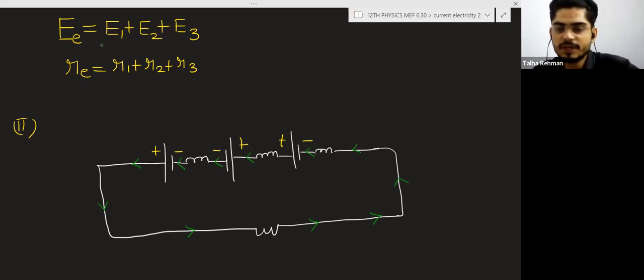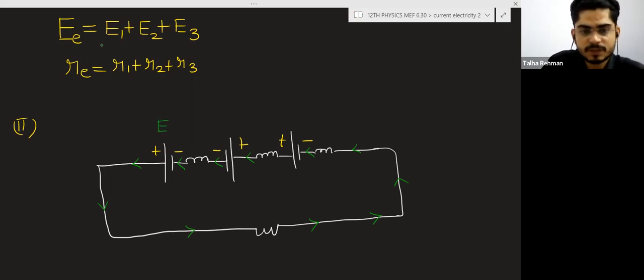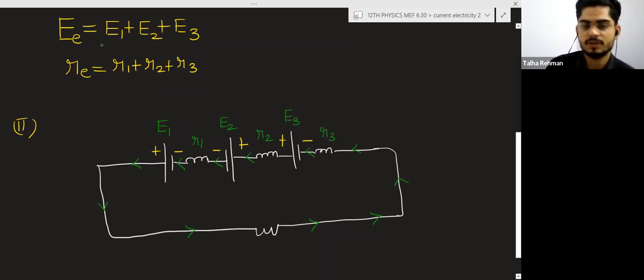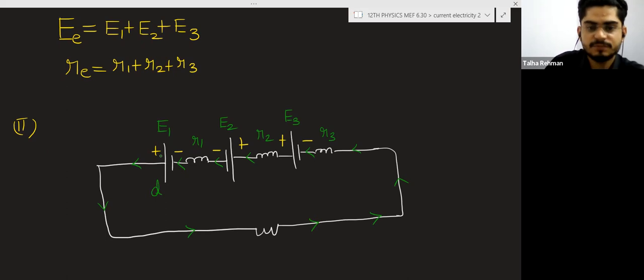Suppose this is E1, R1, E2, R2, E3, R3. E1 is the EMF of this cell, R1 is the internal resistance of this cell. So here you can see the current is from the positive terminal to the negative terminal of this cell. So this cell is in discharging condition.